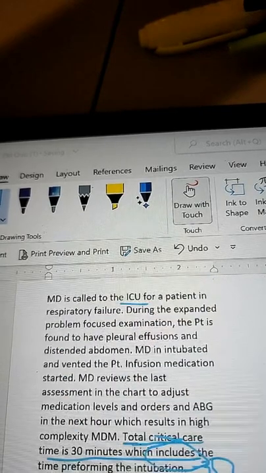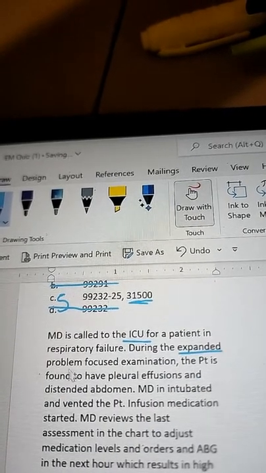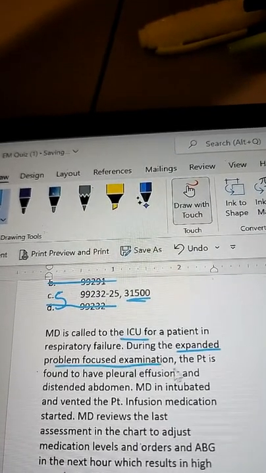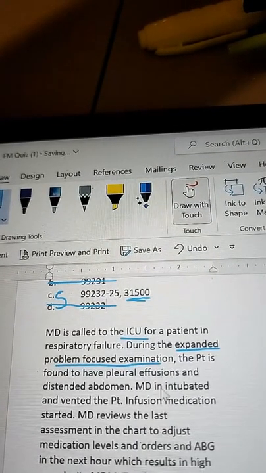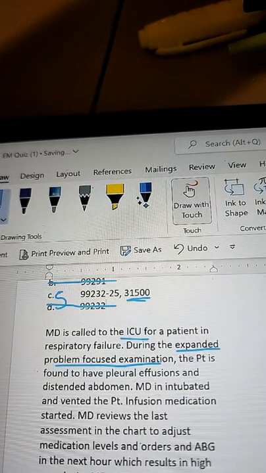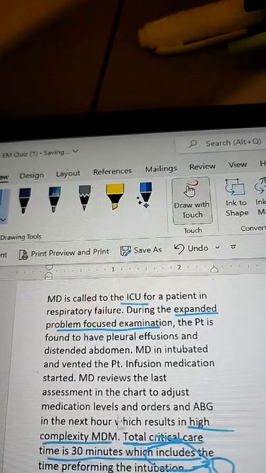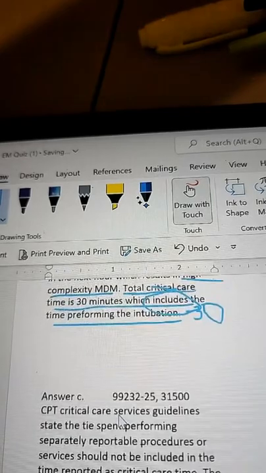And you notice how they do have expanded problem-focused exam in one area, and then they had the MDM. Yeah, MDM is high. So they gave us 2 of those components when normally in critical care they don't do that. That's just time.